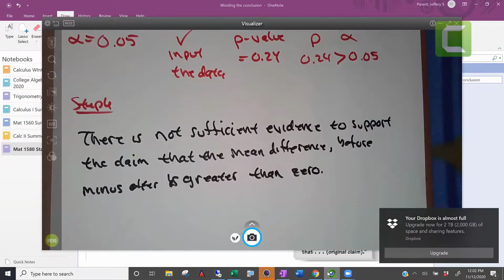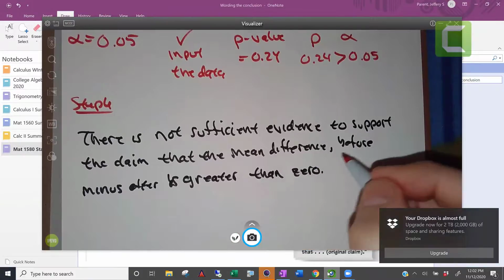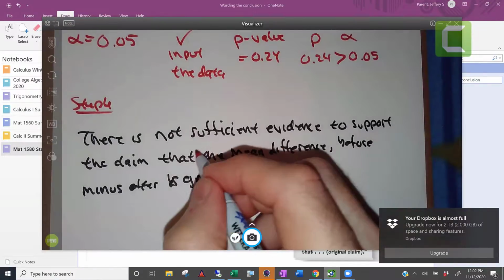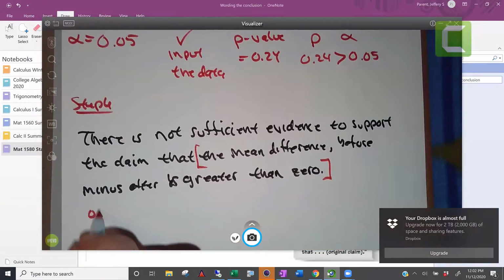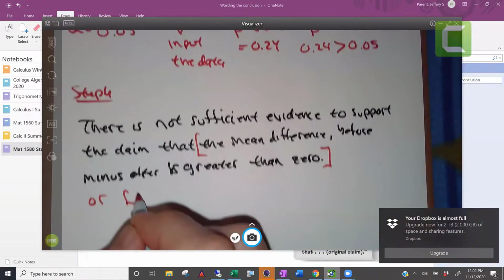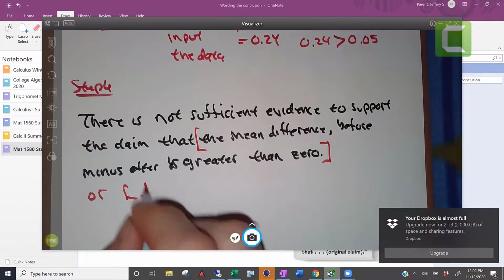Like I said, an alternative to that, you could finish things up with hypnosis appears to be effective in reducing pain.